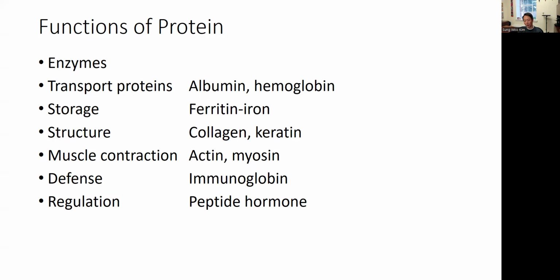But not all hormones are proteins, because some hormones are lipids. Those hormones made of protein we specifically call peptide hormones. Maybe you heard about this very famous hormone called insulin. Insulin is made of amino acids, so it's a protein, a peptide hormone, as an example. Okay? So these are more specific functions of proteins, basically different types of proteins.